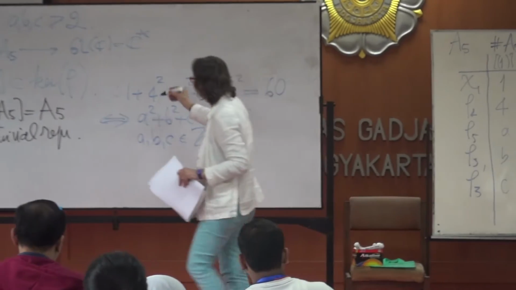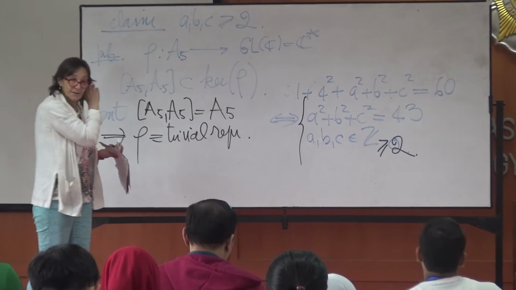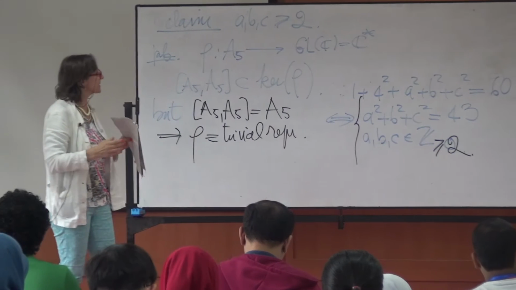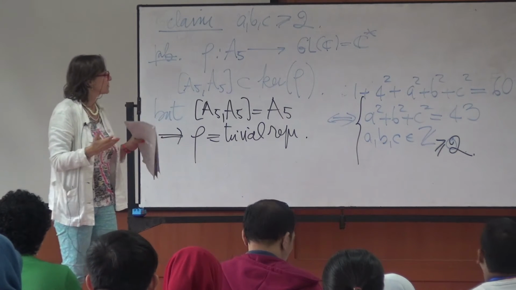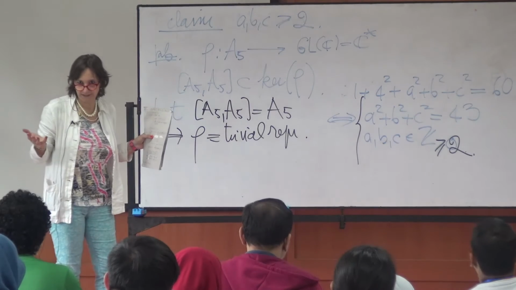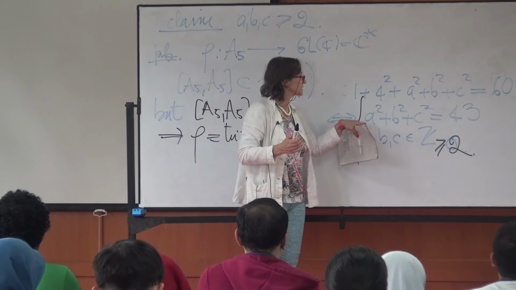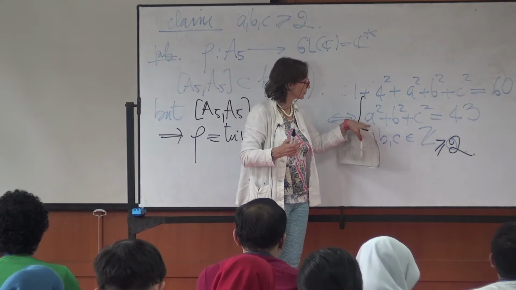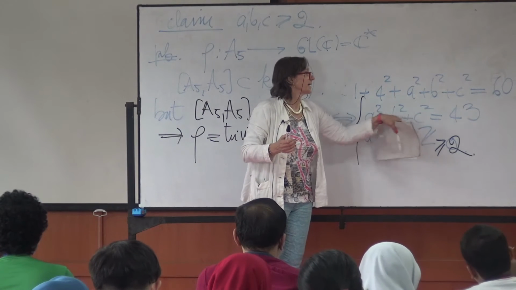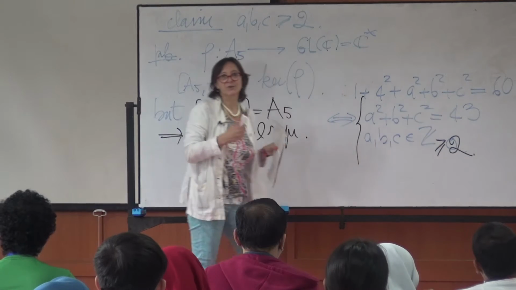So now we study these conditions. The sum of the squares has to be 43, so A, B, C cannot be larger than 6. If we take A equal to 6, we get to 36, and then we don't make it with the others, or we exceed 43.